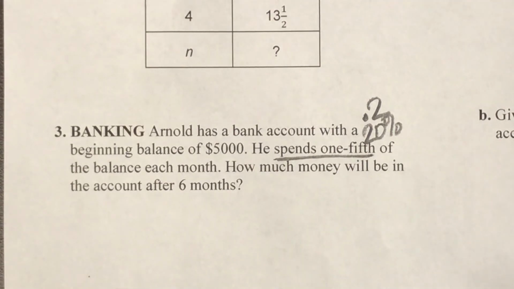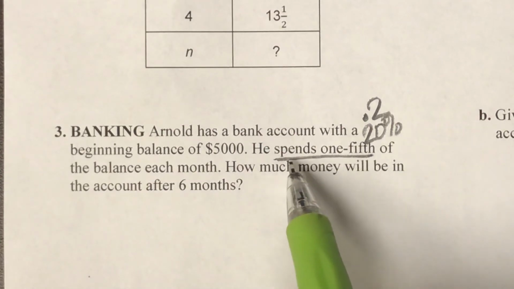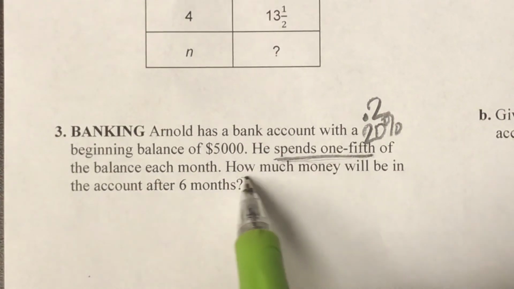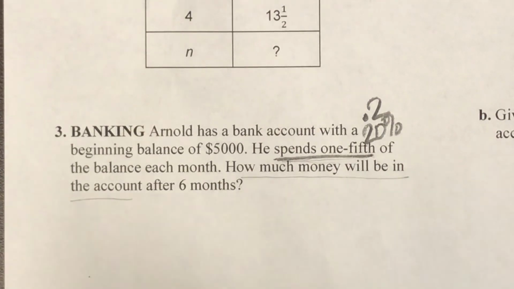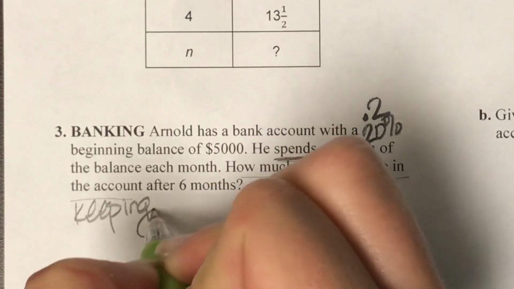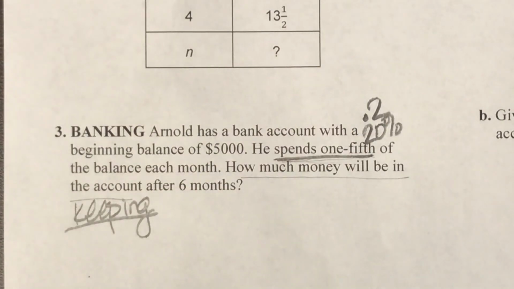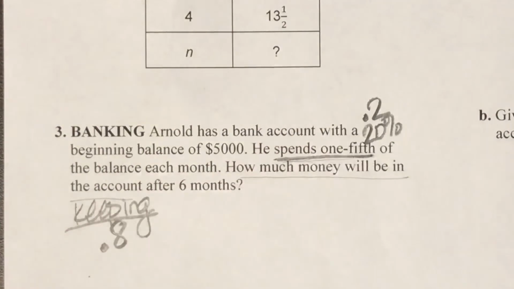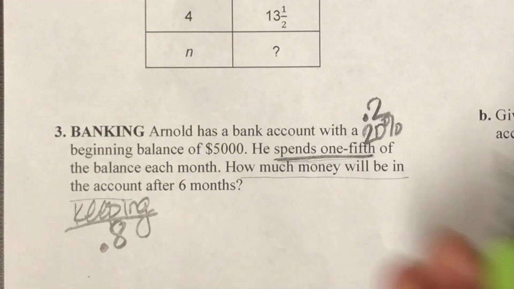And then here's where it gets tricky. They're giving me information about how much he's spending. The question is asking how much will be in the account. So essentially, how much is he keeping? And so the easiest way to write this formula is to say, if he's spending 0.2, that means he's keeping 80% of it.